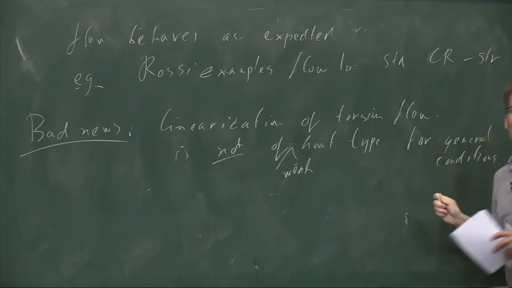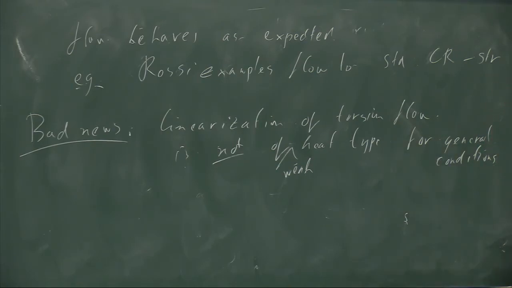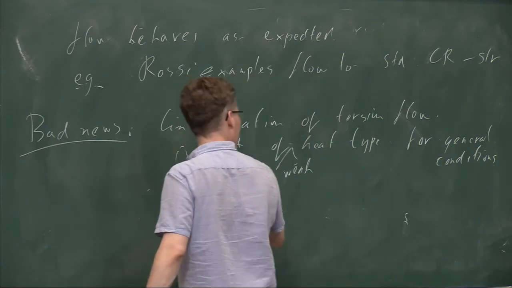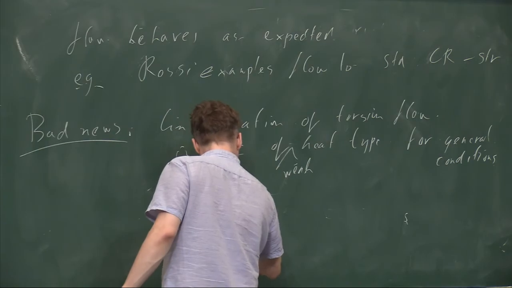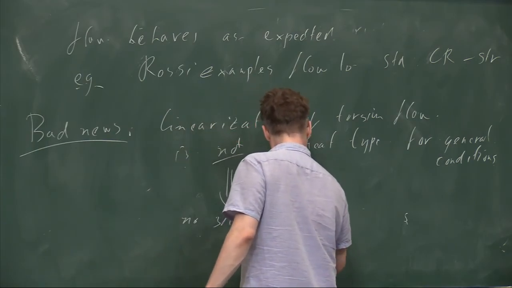That means for general initial conditions I don't have short time existence, so then it's kind of useless. Now you can say, okay, let's look at more special initial conditions. Maybe we can do something. But no short time existence.